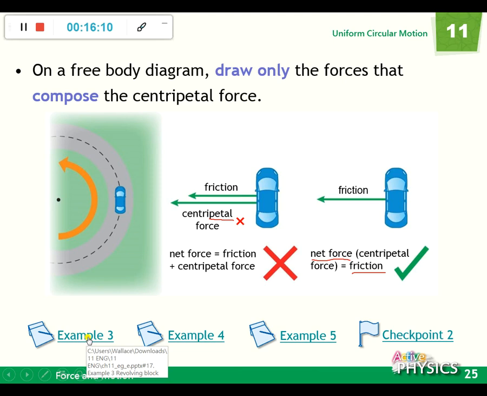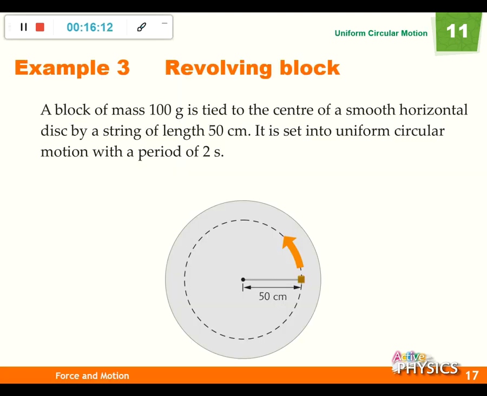Okay, example 3 to tell you what happened. Here this disc is rotating, and a block of mass is put on it, tied to the center of a smooth horizontal disc by a string.